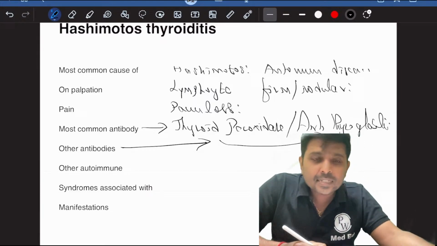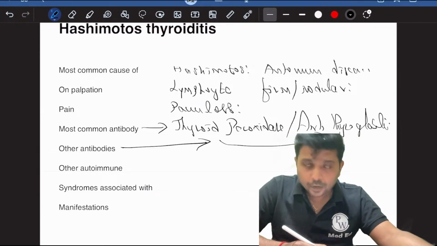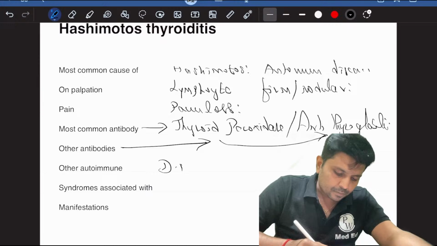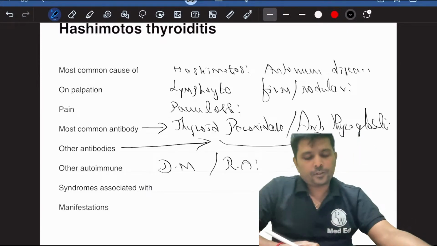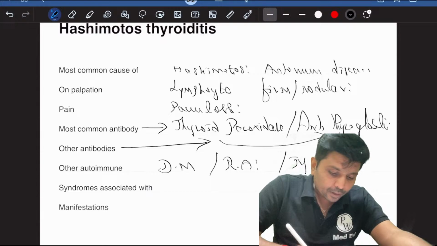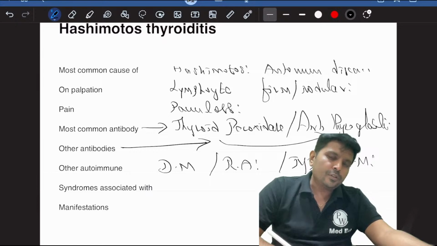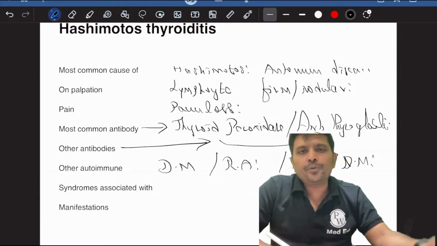Remember, since it is an autoimmune disease, it can be associated with other autoimmune diseases such as diabetes mellitus or rheumatoid arthritis, particularly type 1 diabetes mellitus. When any child presents with one autoimmune disease, invariably it is prone to other autoimmune diseases.